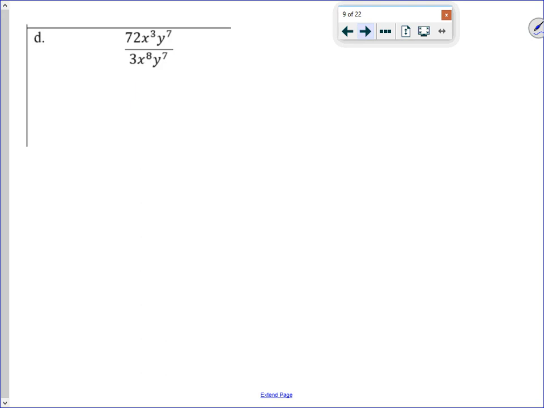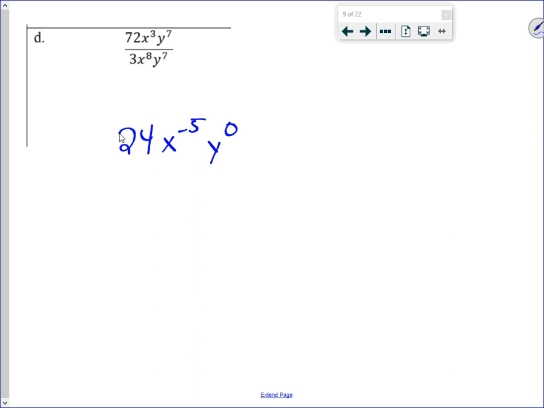Here, for D, we're dividing. So 72 divided by 3 is 24. Excuse the bell. x to the 3rd over x to the 8th is x to the negative 5th, and y to the 7th divided by y to the 7th is y to the 0 power, because we subtract the exponents.